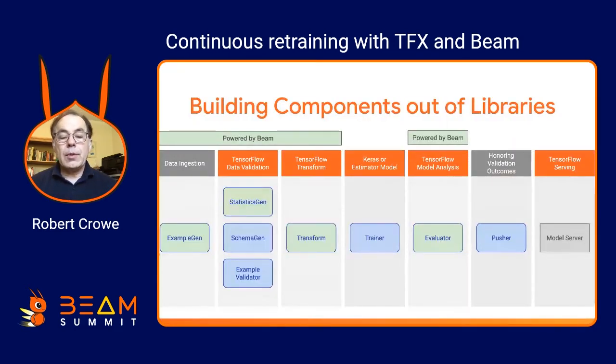One of the ways to look at this, and you can turn it around in different ways, is to look at how this is structured in terms of the libraries and the components that are built from those libraries, and some of the libraries which are powered by Apache Beam.